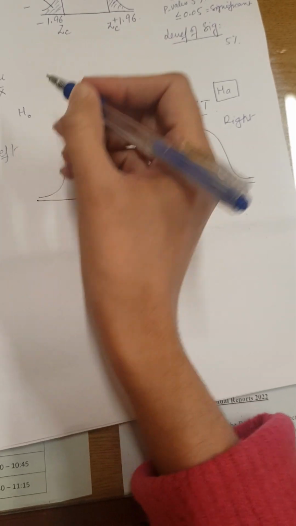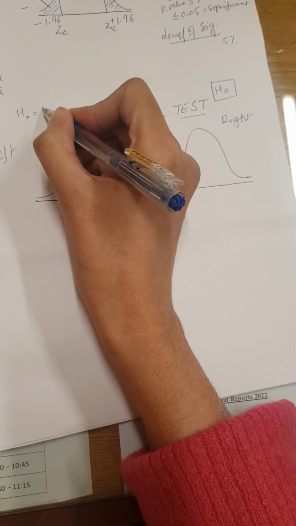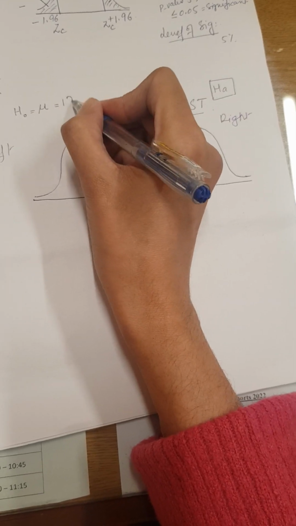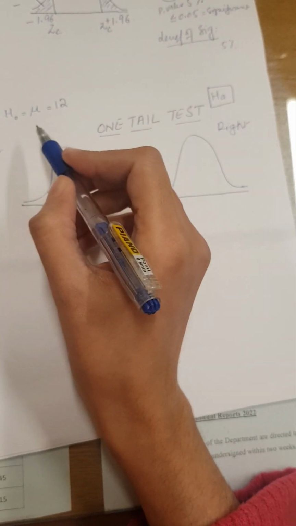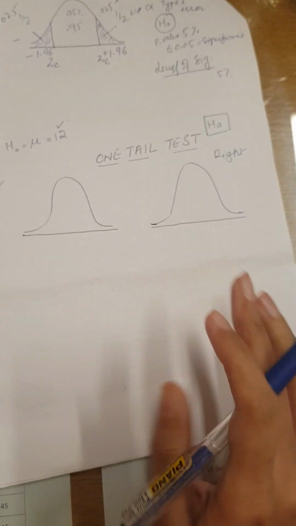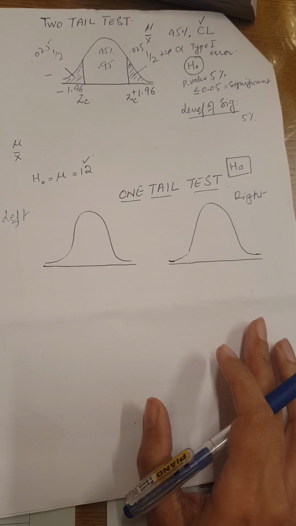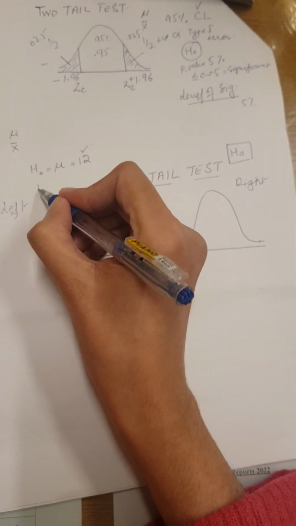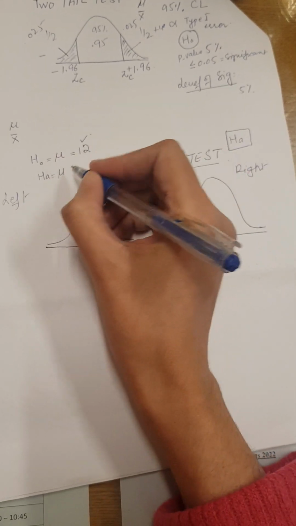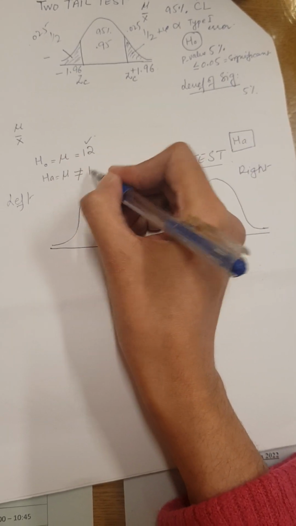Say our null hypothesis is that mu is 12. We are just taking an example. But the alternate hypothesis is saying that the population mean mu is not equal to 12.